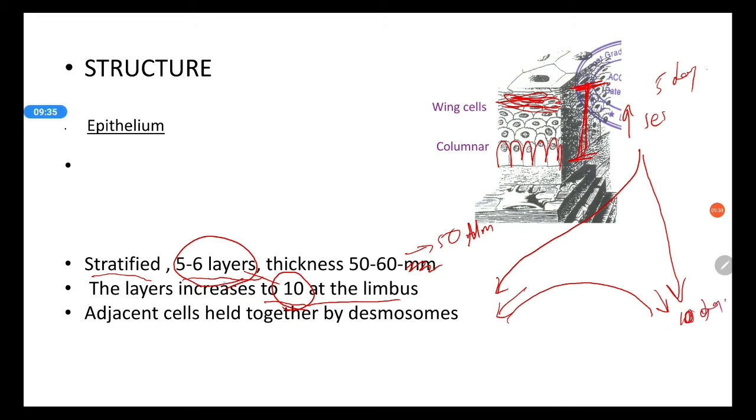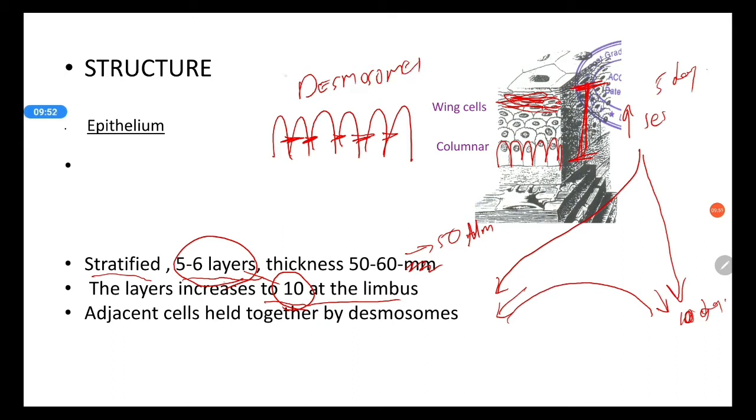Now these wing cells are arranged in this way. So these two cells are held together by what are called desmosomes, which form a very tight barrier preventing penetration of water.